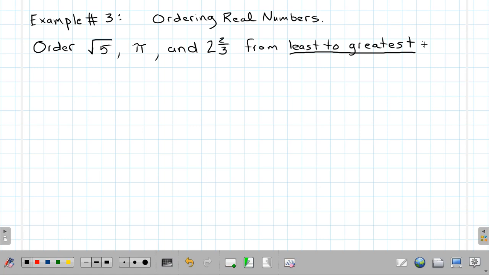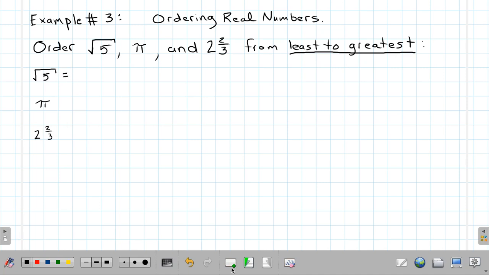So how do we do this? Well, if we have all these different numbers, okay, the first step is going to be, let's write all these numbers as decimals. So go to the bottom here, and we're going to write, well, what the square root of 5 is as a decimal, what pi is as a decimal, and what 2 2/3 is as a decimal.